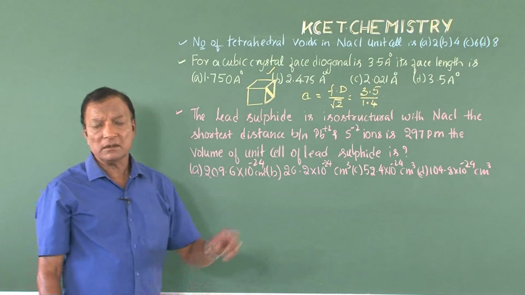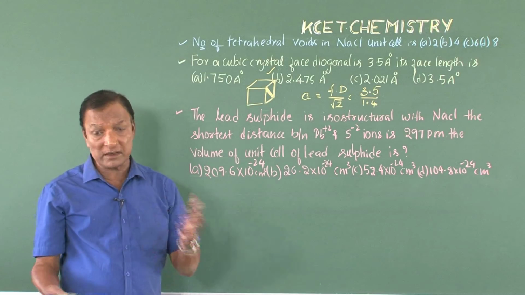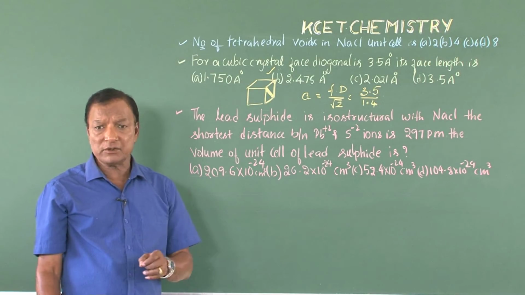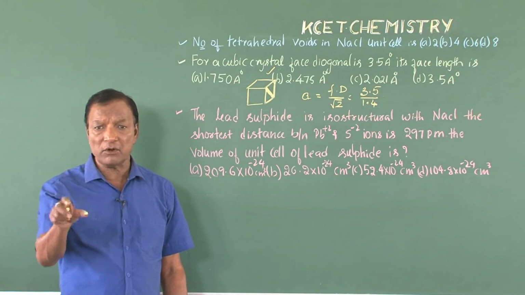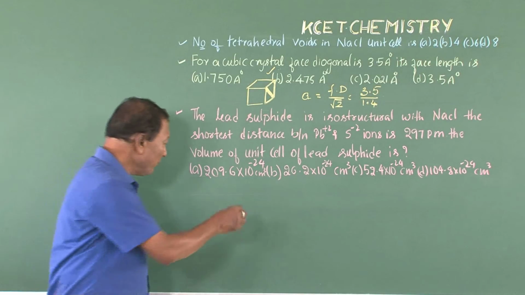And what about the NaCl structure? For the NaCl structure, which is a face centered type, we have the edge carrying alternate arrangements of Na+ and Cl-, and we put it this way.